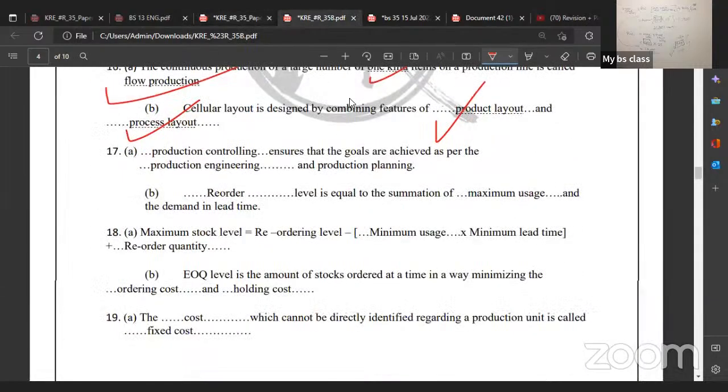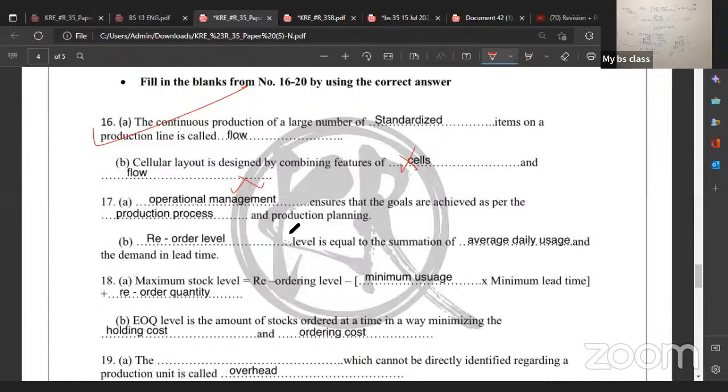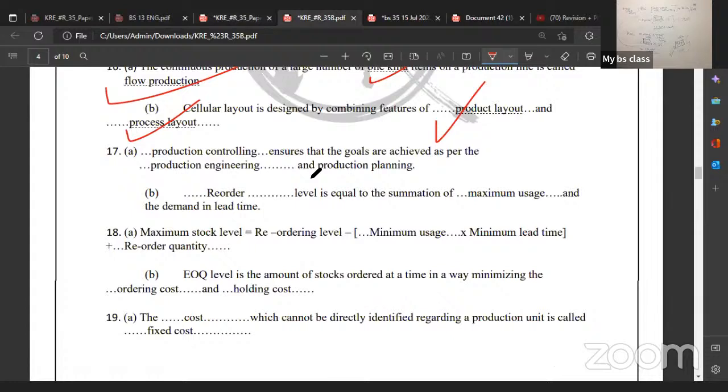Then next question. No guys, not the one. Operational management ensures that the goals are achieved as per the production process and production plans.